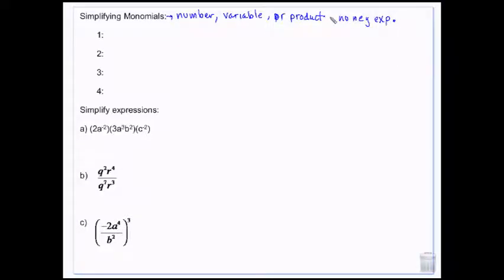Okay. Also, no variables in denominators, and no variables under roots.